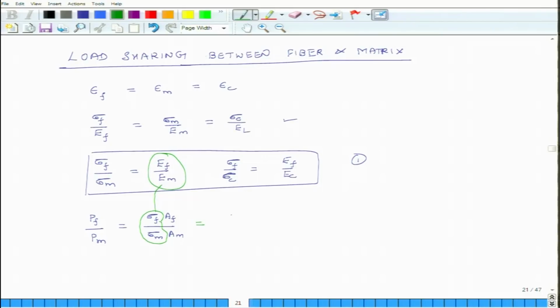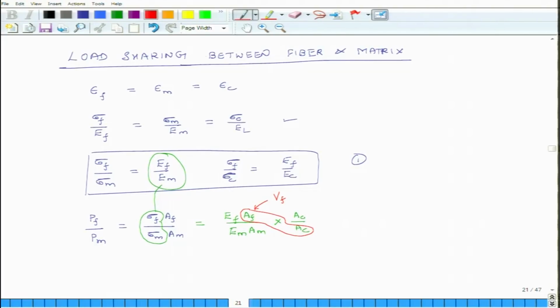So, I can write PF over PM as EF AF over EM AM, and what I can do is multiply and divide by AC, where AC is the area of the composite. So, what is AF over AC? This is VF.